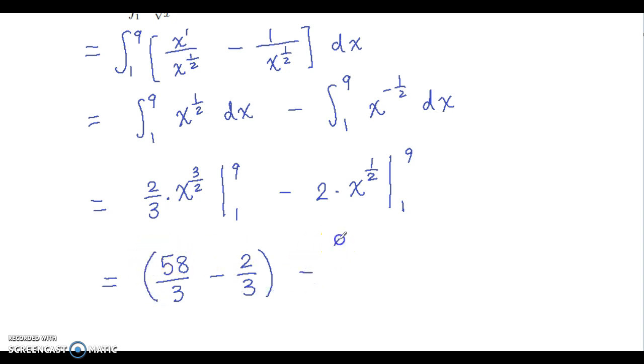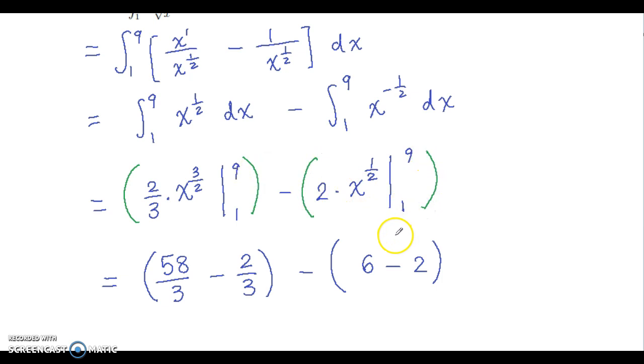Then you subtract the second integral: 2 times 9 to the 1/2 power is 6, minus 2 times 1 is 2.